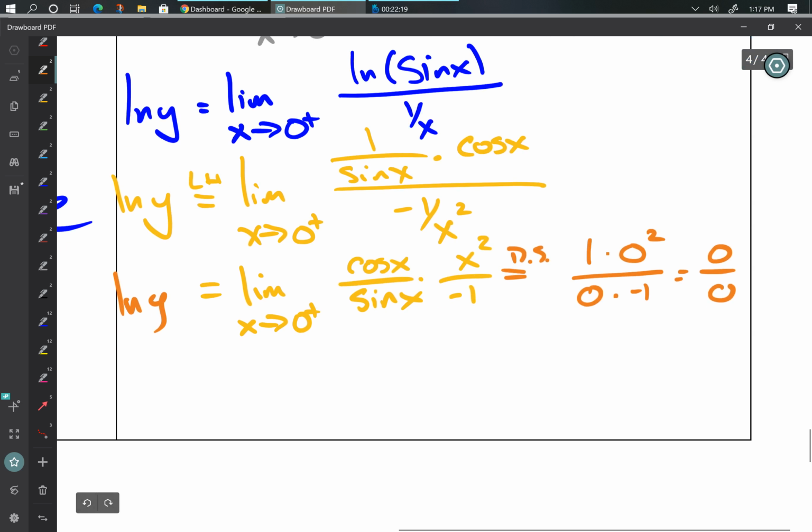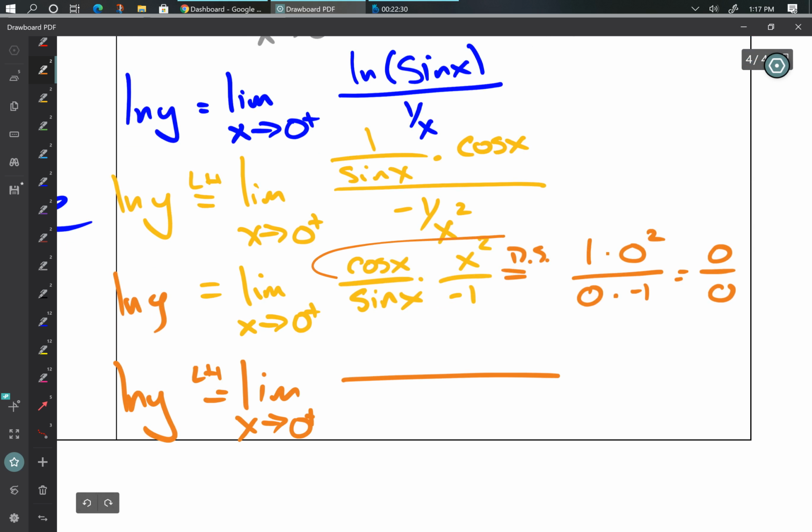Oh, 0 divided by 0. Use L'Hopital's again. So I have the limit as x approaches 0 from the right of, my numerator is cosine x times x squared. My denominator is sine x, and now my denominator is going to become negative cosine x. Sine is cosine, negative 1 just tags along.